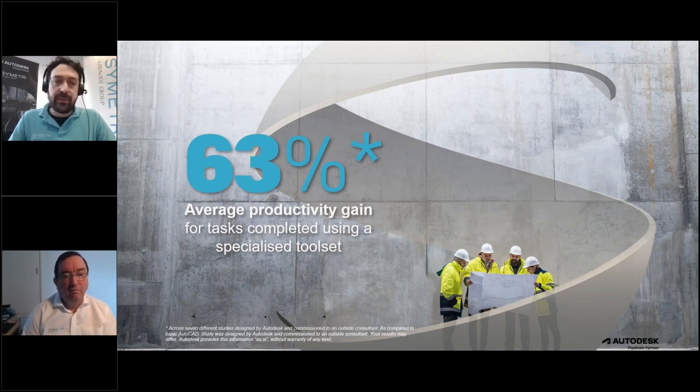This number is coming from studies that Autodesk commissioned to an outside consultant, and it is a really good number because you can gain up to 63% in productivity using one of those tool sets. I found this pretty cool in particular.